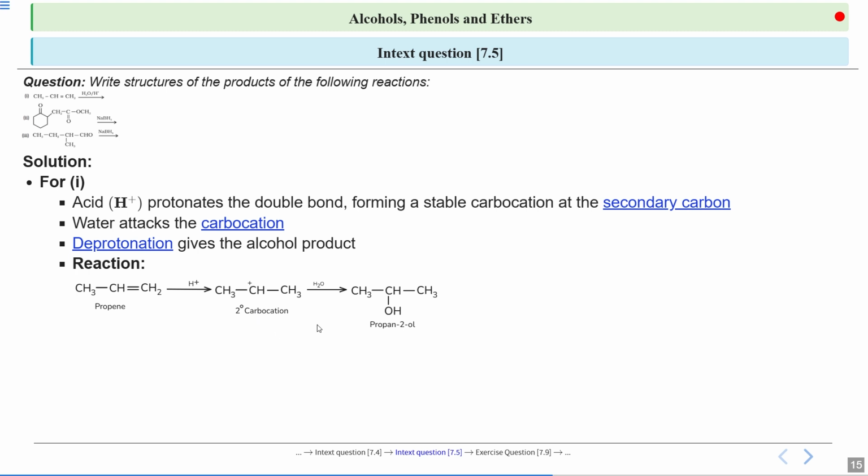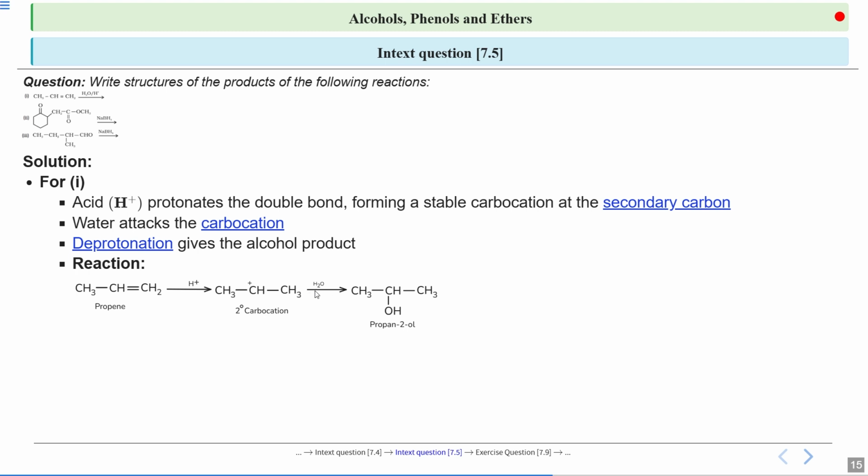Next, what we will do, water will attack on this carbon which is having a positive charge. So your O, H and H, that is water, will attach on this carbon. Now when your water attaches on this carbon, your oxygen will get a positive charge. Okay. Now further what happens?